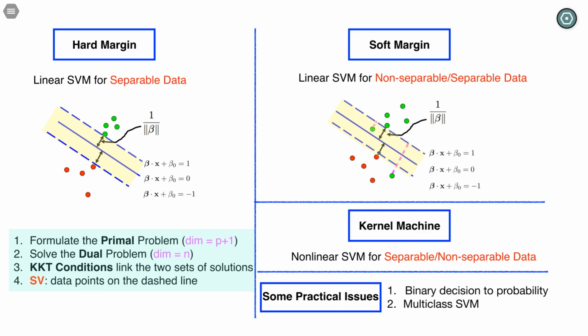Now in soft margin, because the data points are not linearly separable, again we place a wide avenue to separate the two groups, but we allow some errors on the data points. For example, in this picture, there are two green dots on the wrong side of their dashed line.